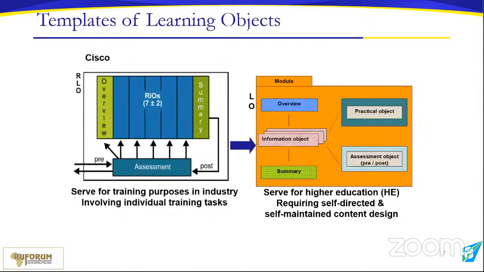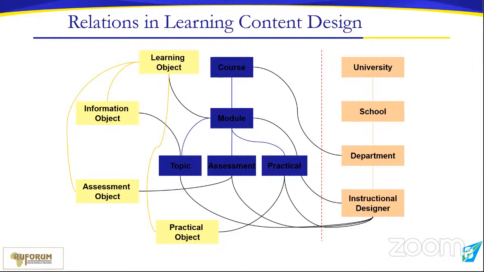Next. So how do we relate our information objects in terms of course design with our structures within the university systems? So when you look at the university, a university holds all programs. The understanding is that programs are housed at schools.